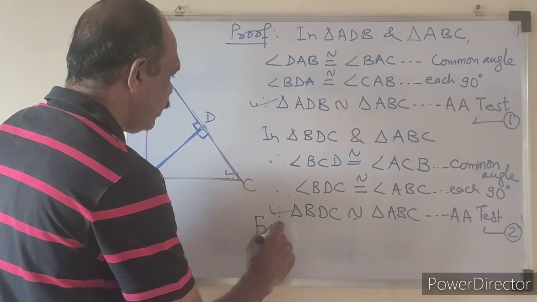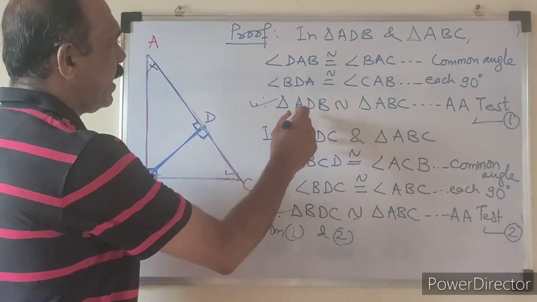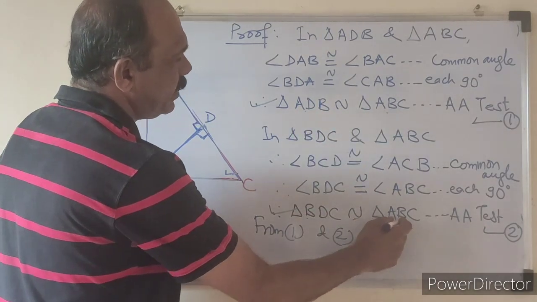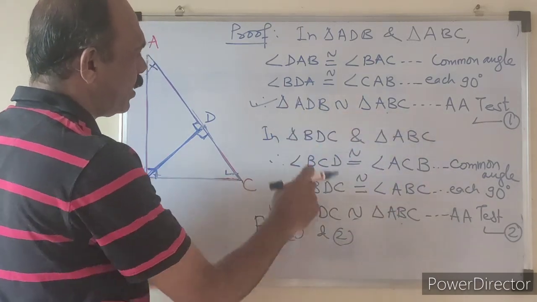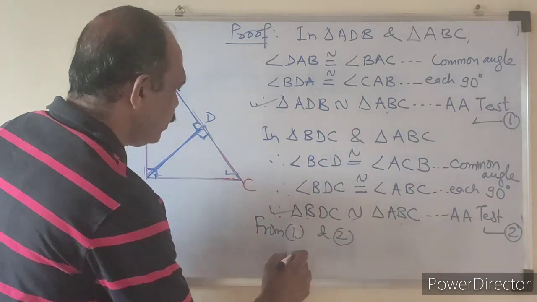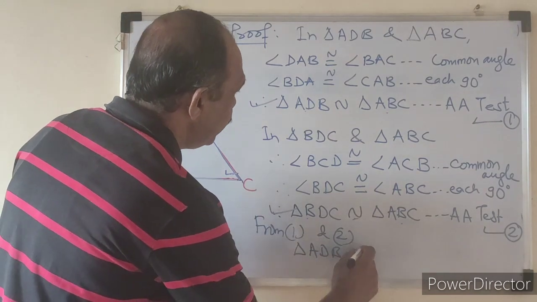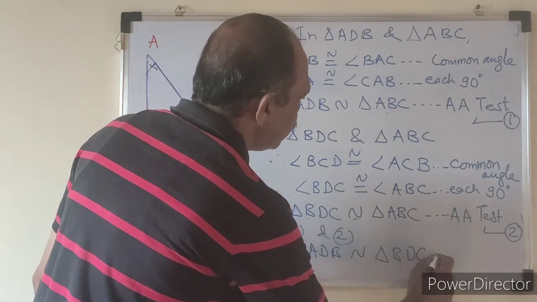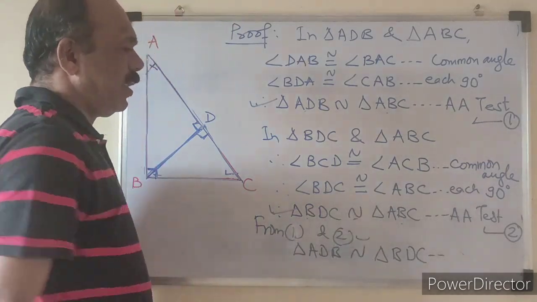So from 1 and 2, triangle ADB similar to ABC, triangle BDC similar to triangle ABC. These two triangles are similar to the same triangle. So these two triangles are similar to each other. So therefore, triangle ADB similar to triangle BDC.